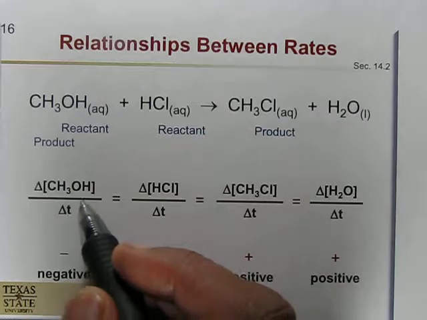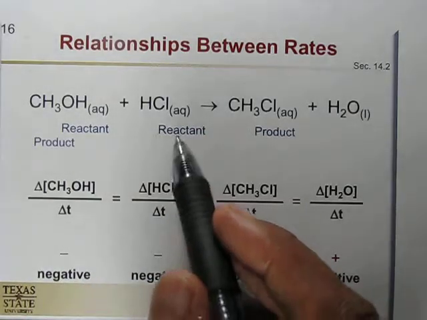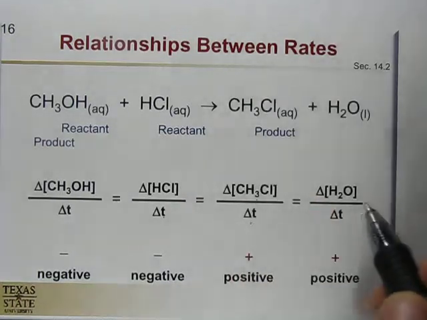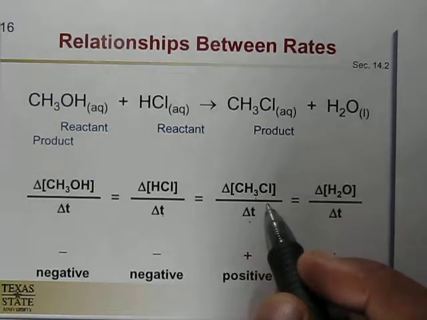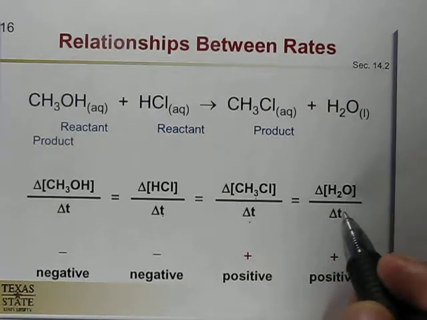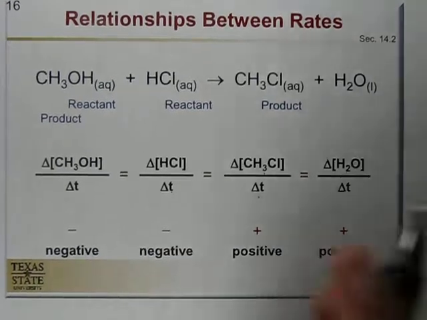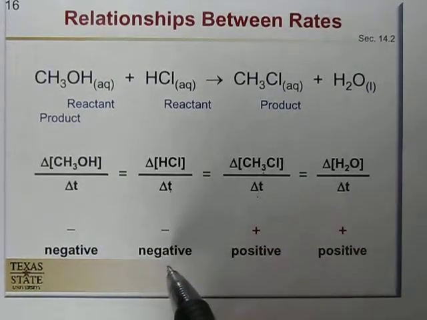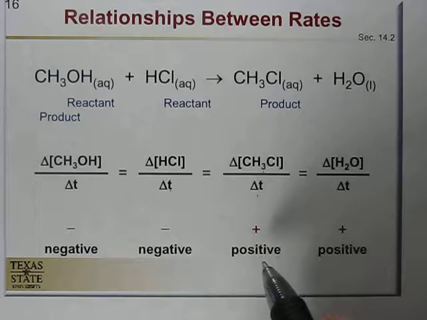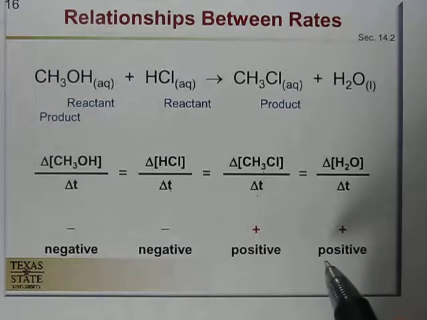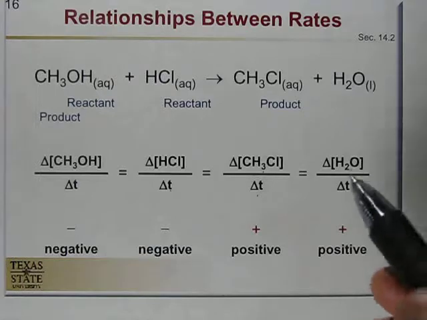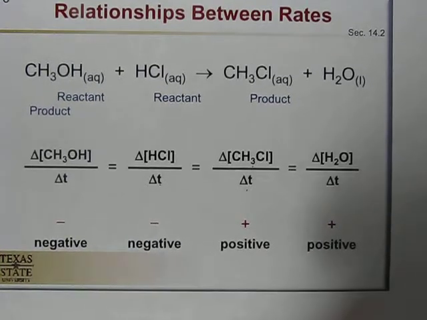Change in molarity of methanol divided by delta T, change in concentration of hydrochloric acid by delta T. In case of methyl chloride, same thing, delta in big bracket methyl chloride divided by delta T, and delta in big bracket water by delta T. In case of reactants, we put the negative sign because this shows that the reactant will disappear, the reactant will be consumed, and in front of the product we write the positive sign that shows it is producing, the concentration of product will increase. Usually we do not write any positive sign, it means there is a positive sign, right?